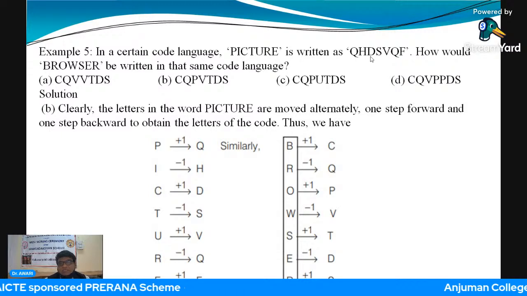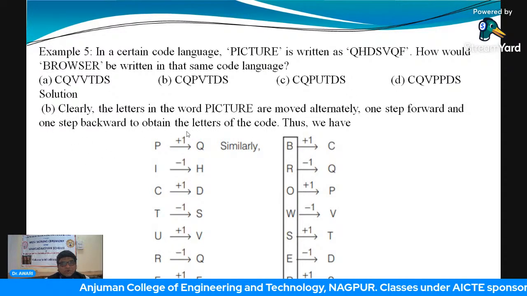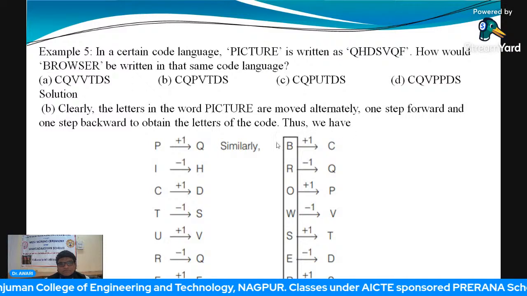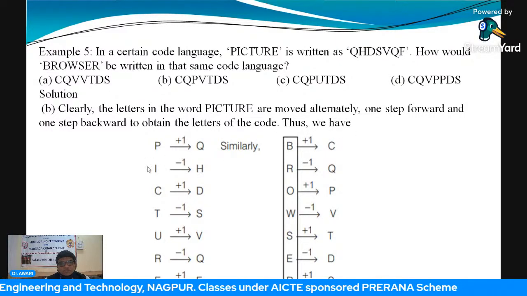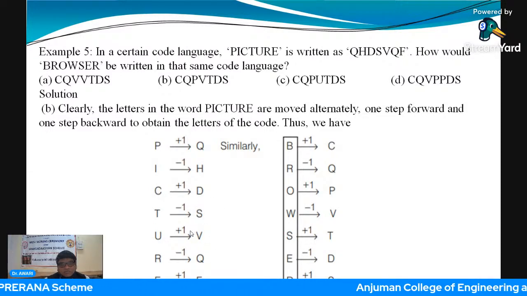Instead of I, H is there. Instead of C, D is there. Instead of T, S is there. And one step backward to obtain the letters of the code. So P plus 1 is Q, then I minus 1 is H, then C plus 1 is D, T minus 1, alternately plus 1 and minus 1, the alphabets are arranged.